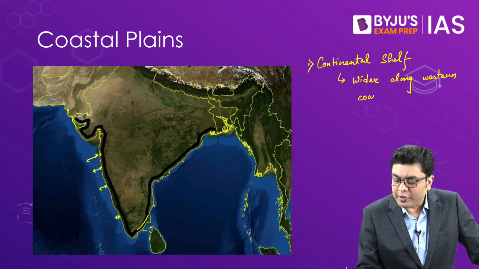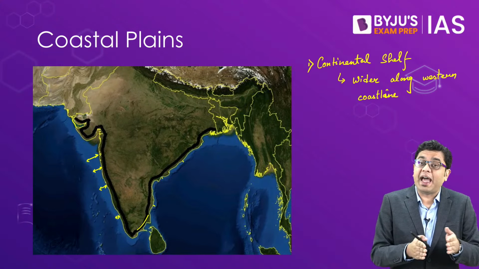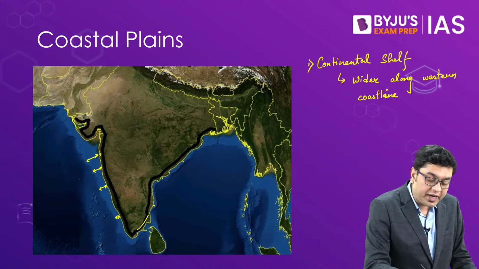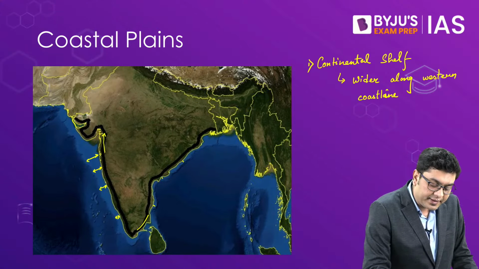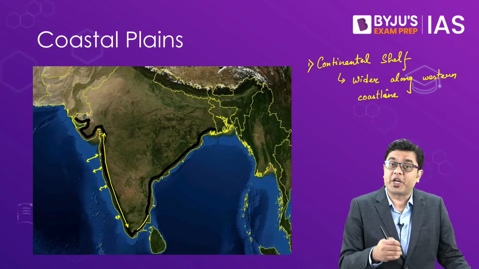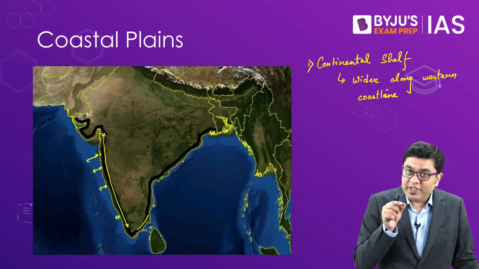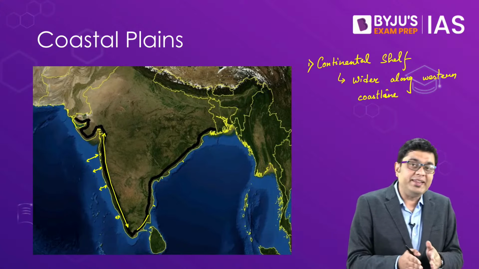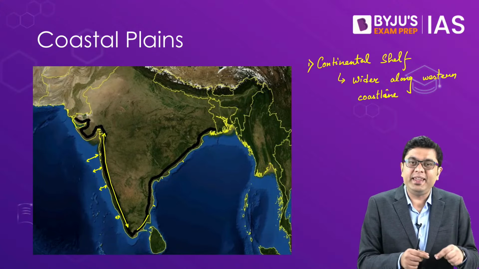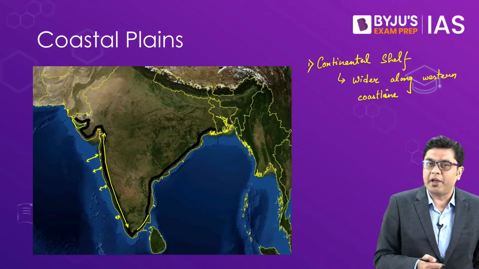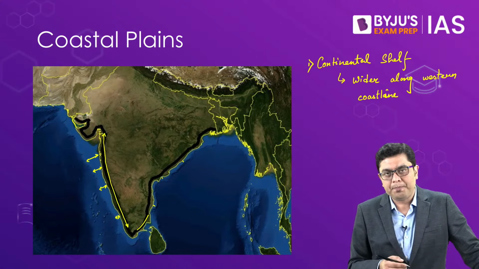Now, when we talk about the western coastline, there we know that we have an ever enthralling, continuous stretch of Western Ghats, an escarpment which continues all the way from Gujarat right up till Kerala. Between the Western Ghats and the Arabian Sea, we have a very narrow stretch of plain area that we refer to as the western coastal plain.